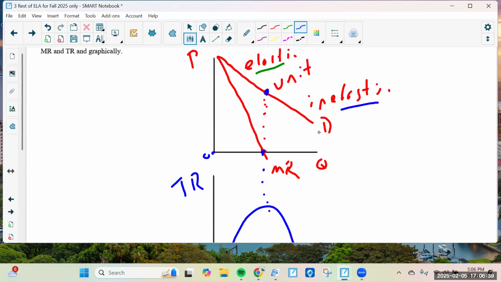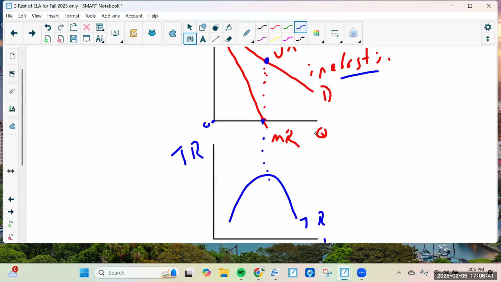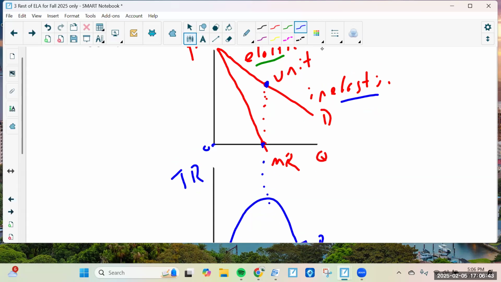So you really want to be aware of these two graphs and understand what they're telling you. They're going to come back to haunt us later when we get to monopoly and monopolistic competition. If you don't get them now, they're going to get you in that unit, so learn them now as much as you can.